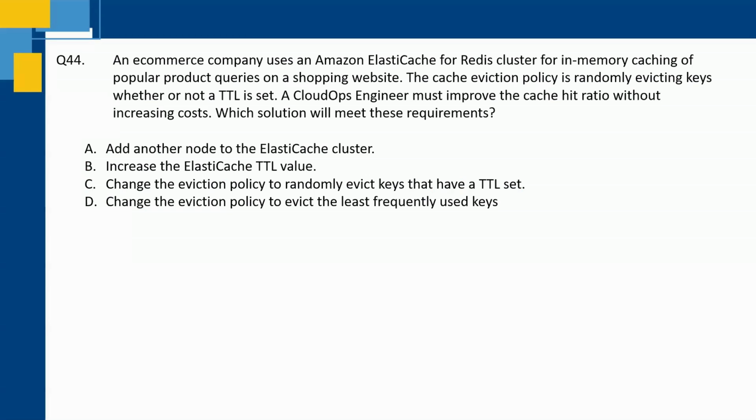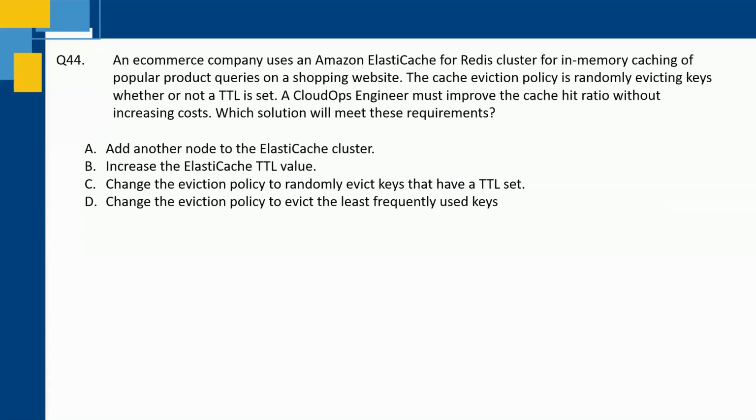Which solution will meet these requirements? Your options are: add another node to the ElastiCache cluster, increase the ElastiCache TTL value, change the eviction policy to randomly evict keys that have a TTL set, change the eviction policy to evict the least frequently used keys.